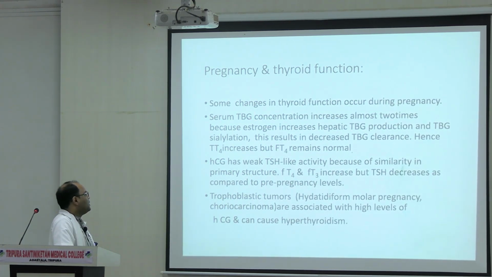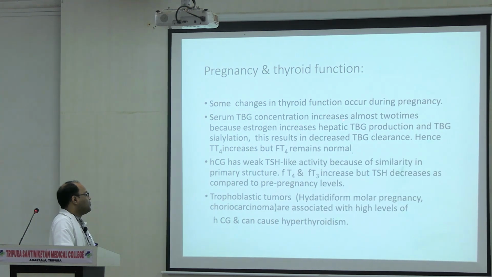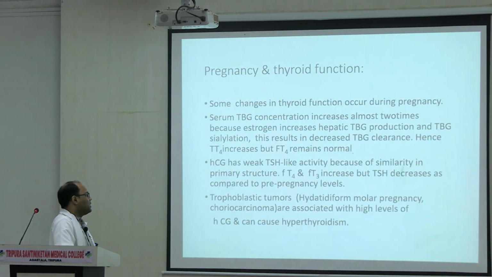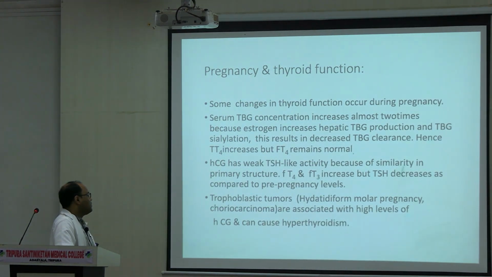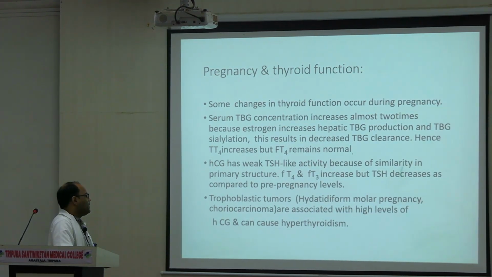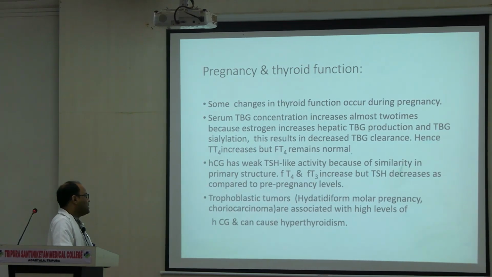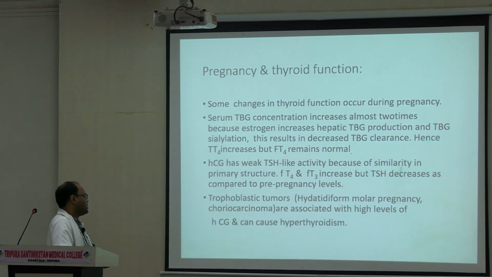Serum thyroid binding globulin concentration is increased almost 2 times because estrogen increases hepatic TBG production and TBG sialylation occurs. This results in decreased TBG clearance, hence total T4 increases but free T4 remains normal. hCG has some weak TSH-like activity because of similarity in primary structure with TSH.